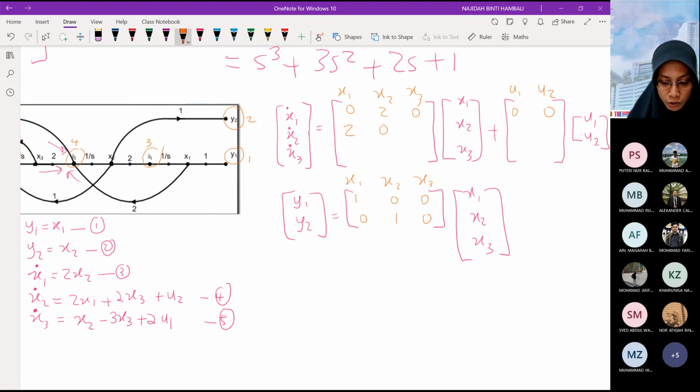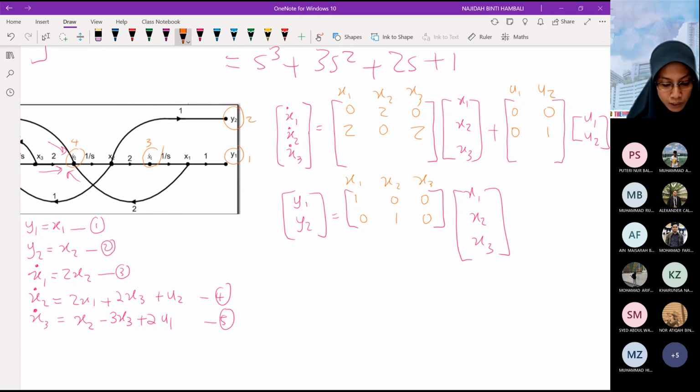plus 2x3 plus u2. Okay, that's why when you write the equation, make sure you arrange from the first state variable x1, x2, x3, u1, u2. So when you transfer the information from the equation to matrices A and B, it follows the arrangement by column x1, x2, x3, u1, u2.